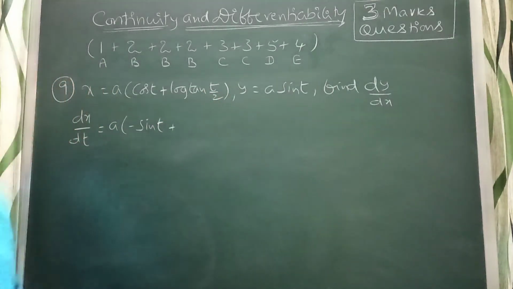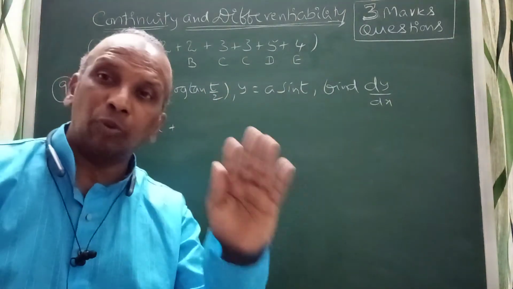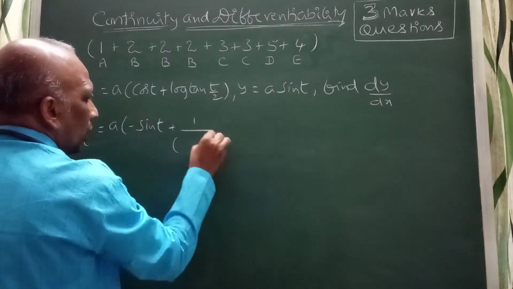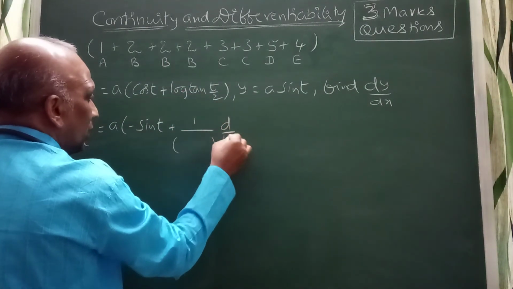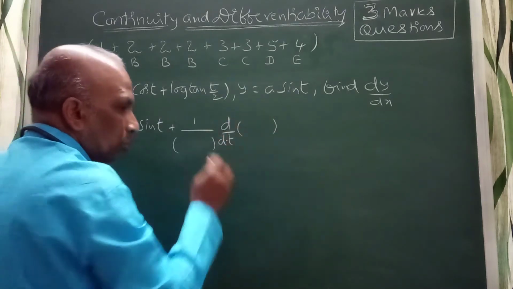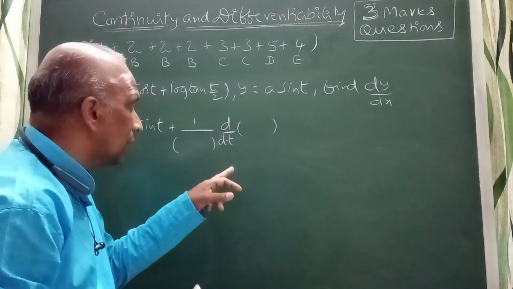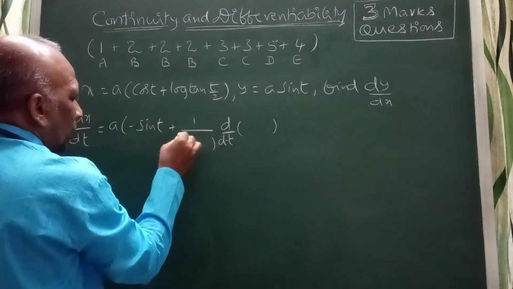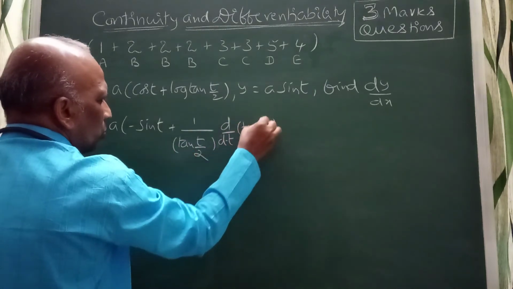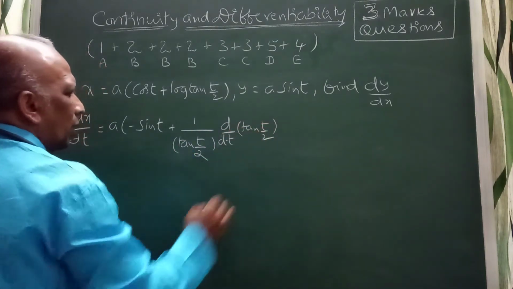When they are asking the derivative of log x, it is 1 by x; derivative of log of something is 1 by something. Be careful, write d by dt of tan t by 2, don't write d by dx. Most of the people by mistake write d by dx. Correct, you can write like this.